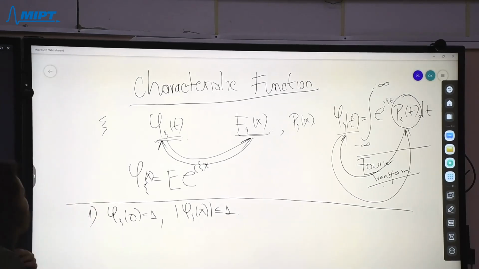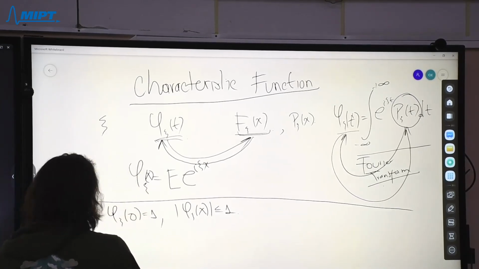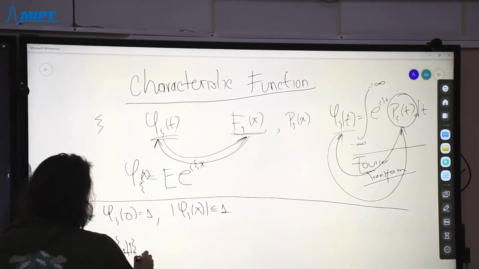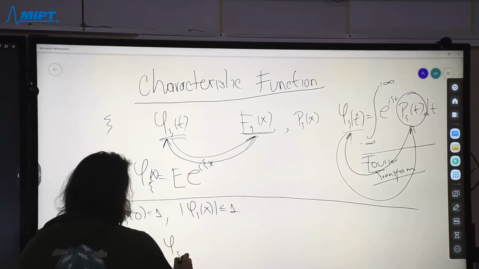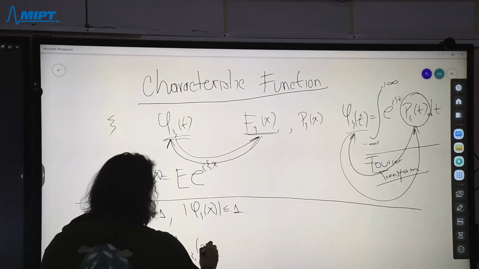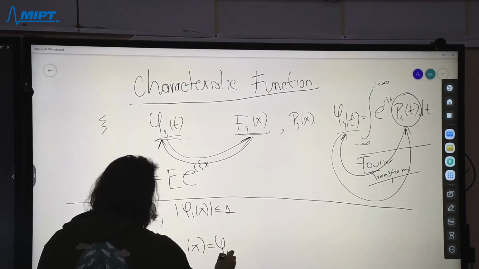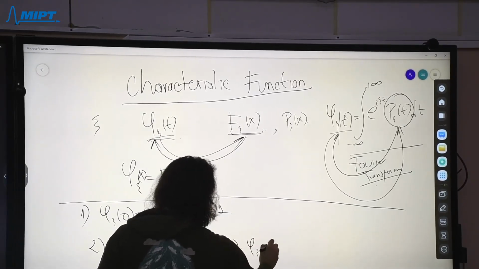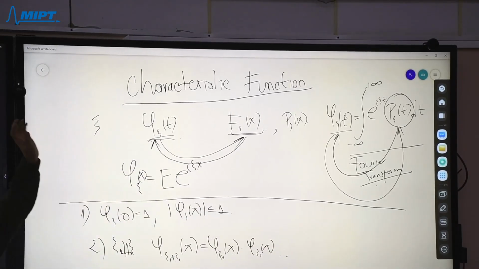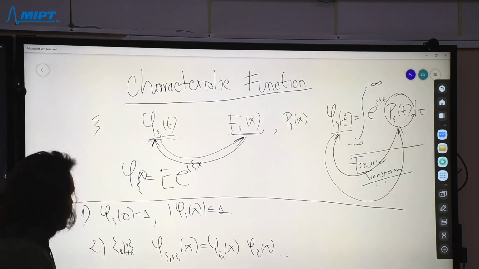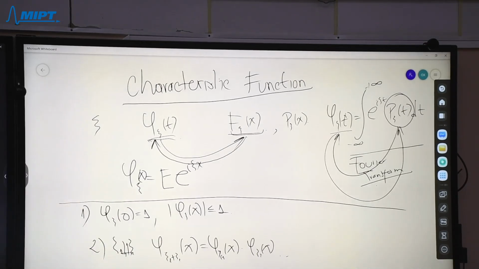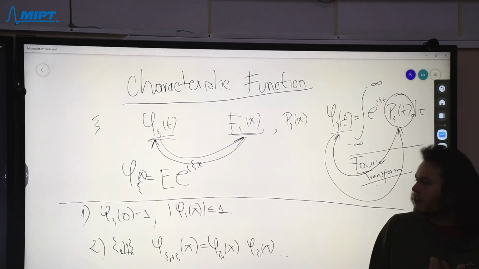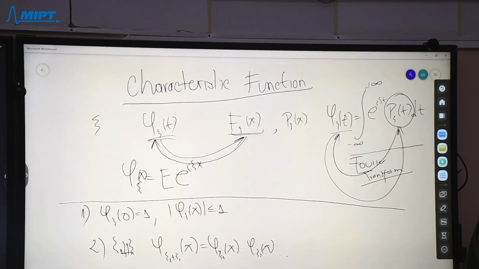We know that if Psi1 and Psi2 are independent random variables, then the characteristic function of their sum is just the product. And many other properties that we already know, right? And using these properties, we can define whether a function is a characteristic function or not, okay?